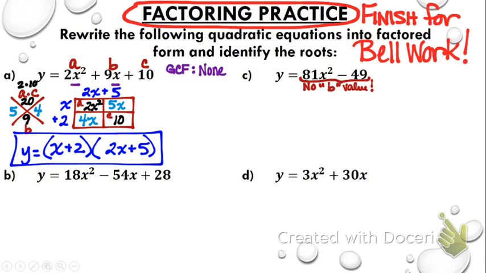Subtraction. So not only are we missing a B term, but we've got subtraction right here. This is a special situation. Does anybody remember what we call this type of a quadratic? And then the way we would factor that.